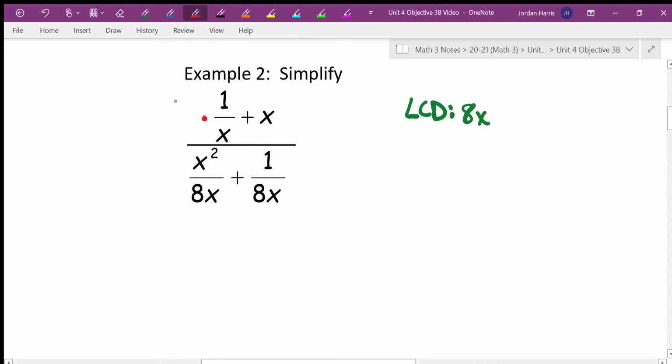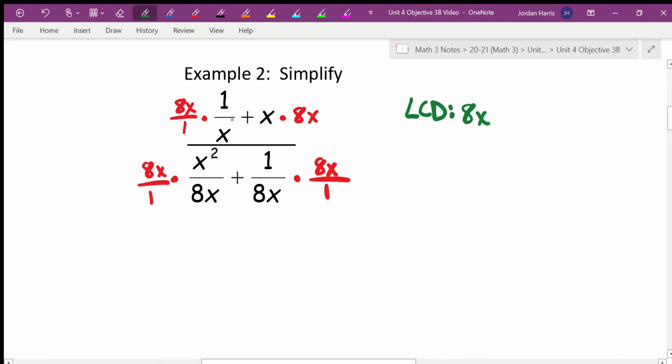So now remember, I multiply everything by 8x. This one I'm just going to leave as 8x because I don't need a fraction here. This one I'm going to write over 1 because it makes it a fraction. Remember, if you have just a plain thing like this, to make it a fraction, you put it over 1, but I only have to make it a fraction when I'm multiplying by a fraction.